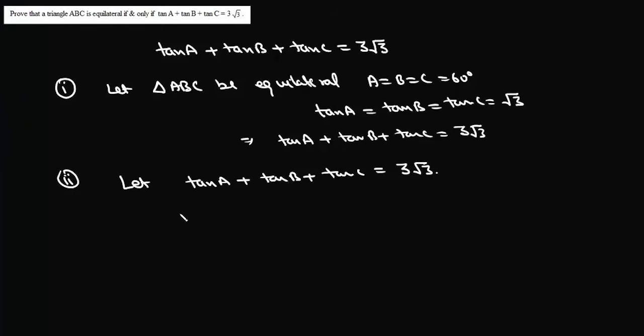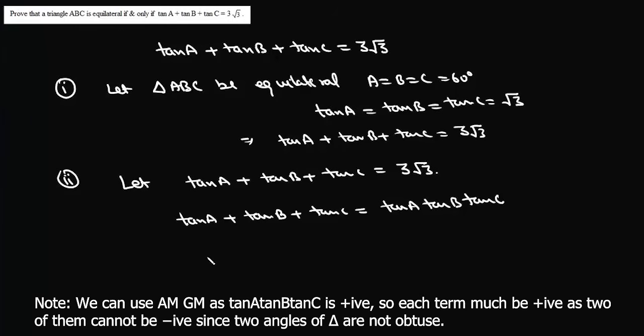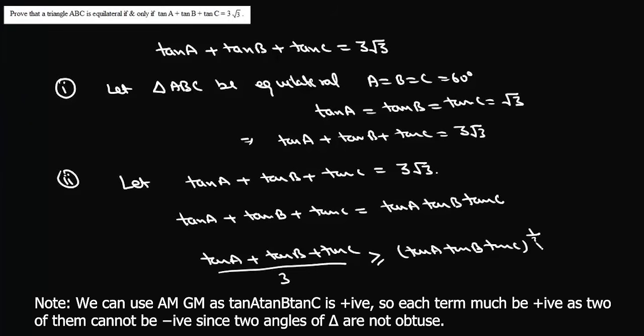Now we know that in a triangle tan A plus tan B plus tan C is equal to tan A into tan B into tan C. If we use AM and GM, then we can write (tan A plus tan B plus tan C) by 3 will be greater than or equal to (tan A into tan B into tan C) to the power 1 by 3.